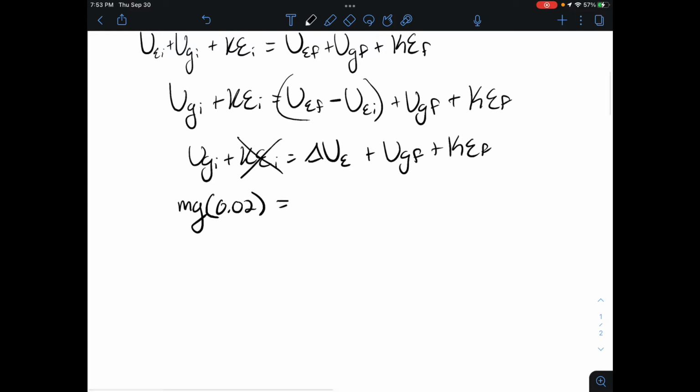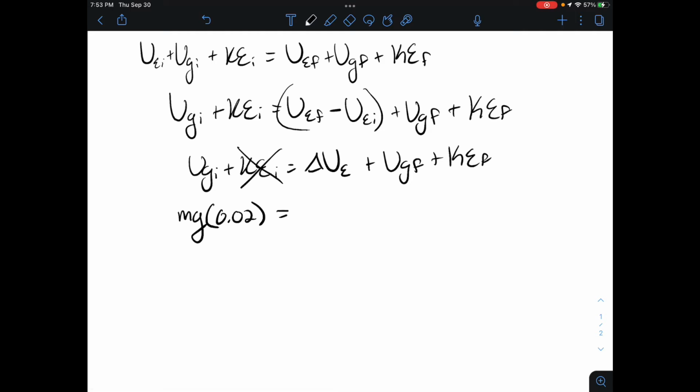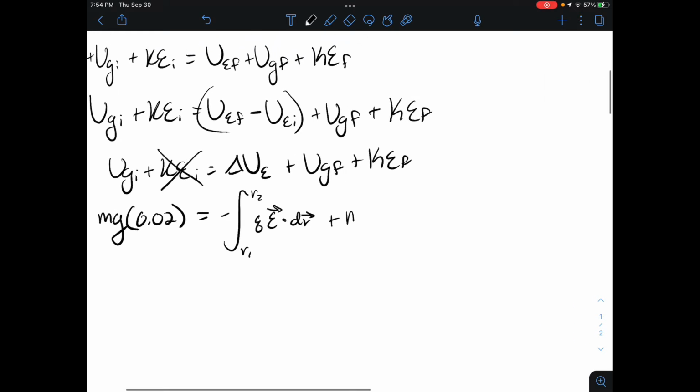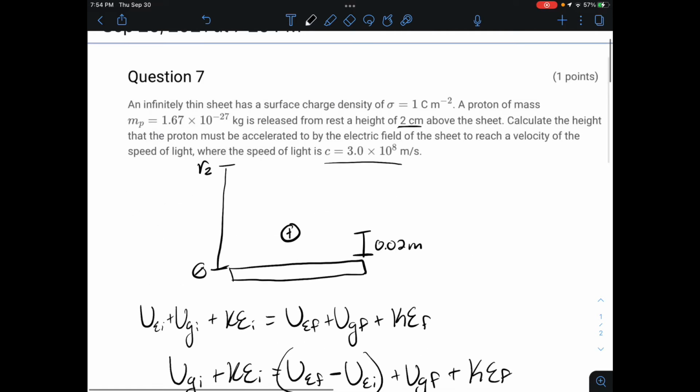That's going to be equal to our equation for the change in electric potential energy, which is negative integral from R1 to R2 of Q electric field dot dr, plus, again, our mgh. This is mg, and like I said up here, this is our R2.